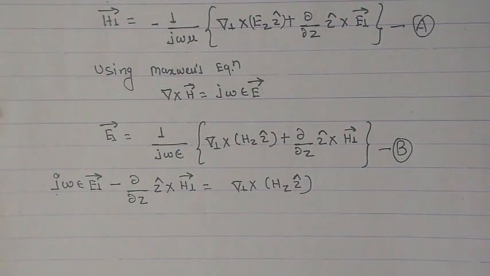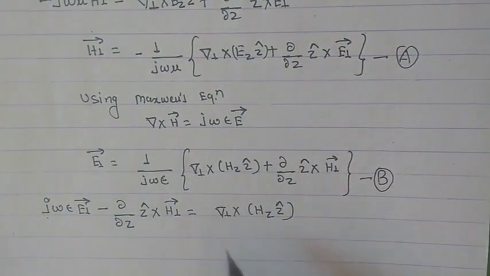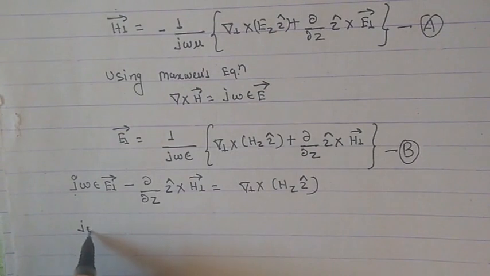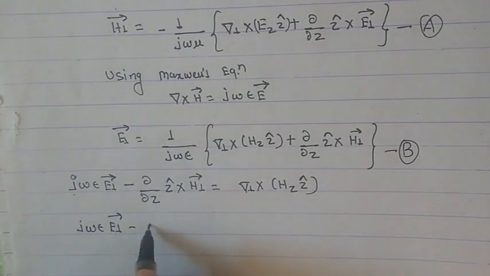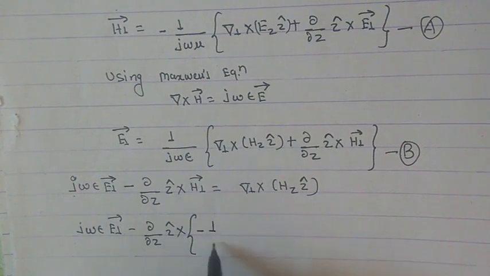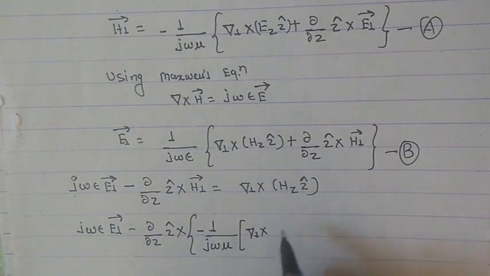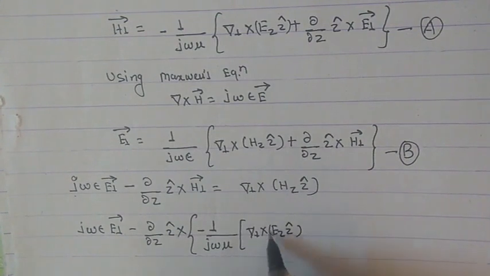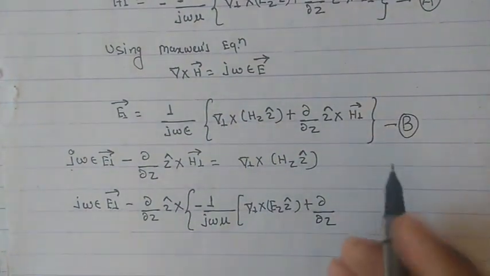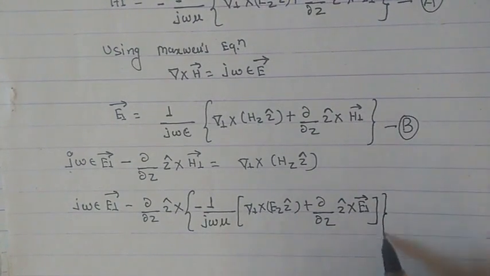Now use the value of H transverse from equation A. The above equation will become this, so we have substituted for H transverse from equation A.